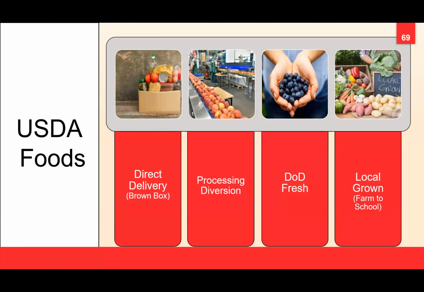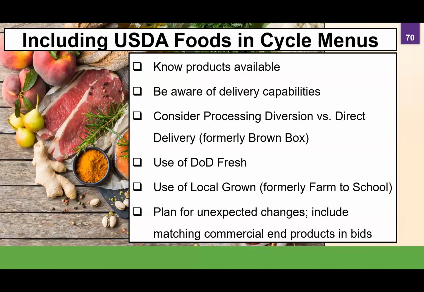So USDA Foods comes in many forms. Direct delivery, beef processing, DOD fresh, or local grown farm to school. So these are different buckets that you can use your entitlement with. So including those into your cycle menus, know the product's availability.